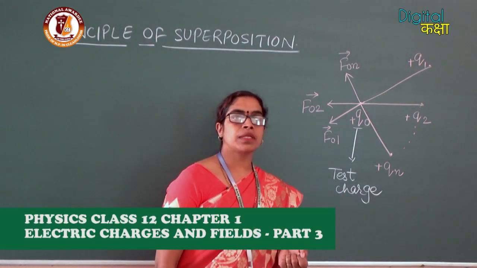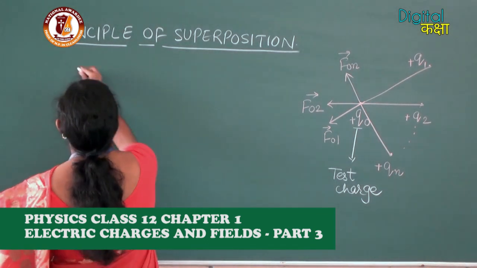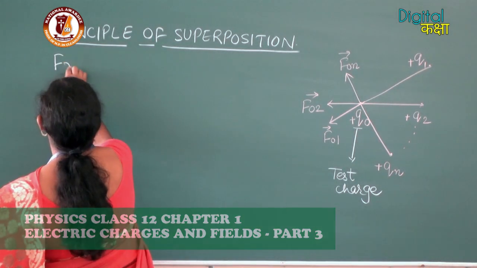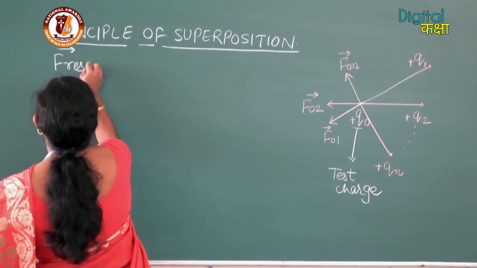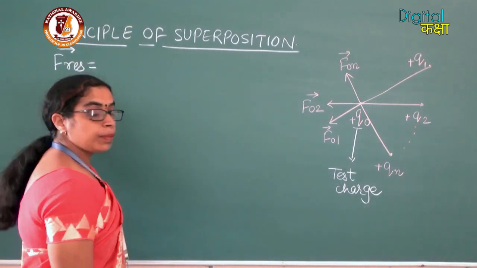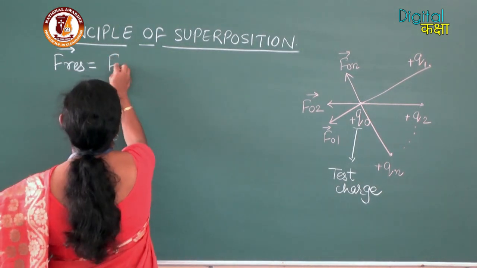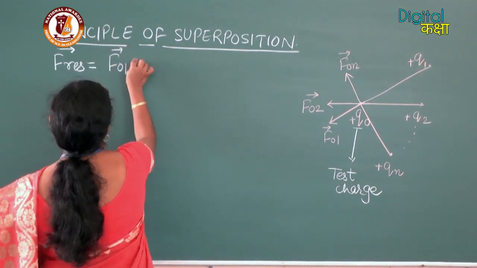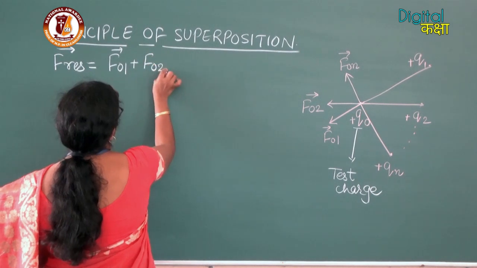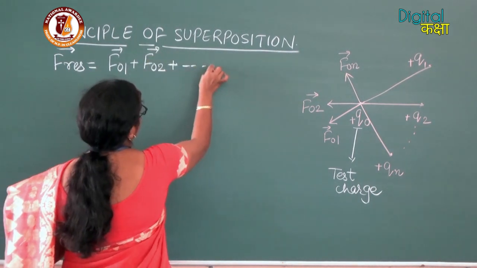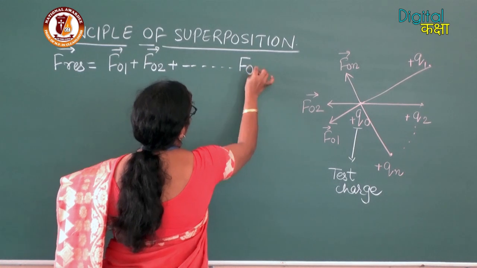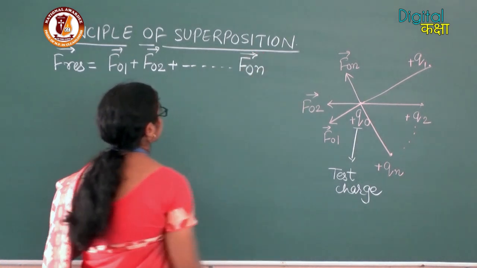I will write it mathematically, that is the resultant force on the test charge will be the vector sum of the forces exerted by the other charges on the test charge.